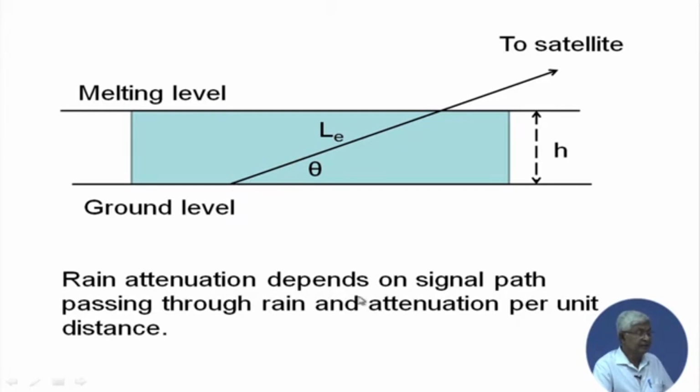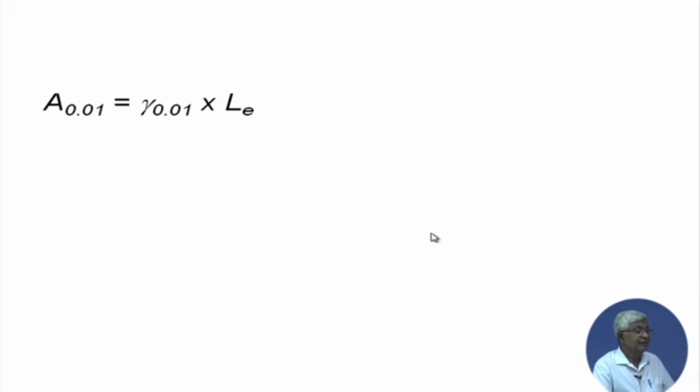So, rain attenuation depends on the signal path passing through the rain and the attenuation per unit kilometer. Based on that you can calculate the rain attenuation. Simple formula: A0.01, that is attenuation for 0.01% of the time, where 0.01 is the rain rate we have talked about earlier, is equal to gamma 0.01 into LE.